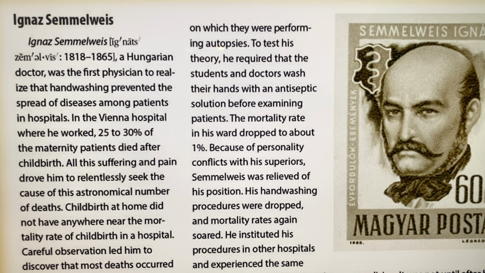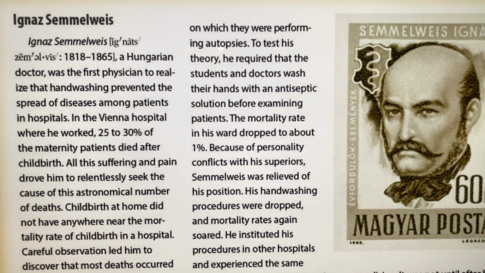He worked in this Vienna hospital where there were a lot of maternity patients having babies. These ladies were healthy, but 25 to 30% of them died, of types of infections. The women having their children at home did not have a high death rate. So why were all these women dying, he thought.